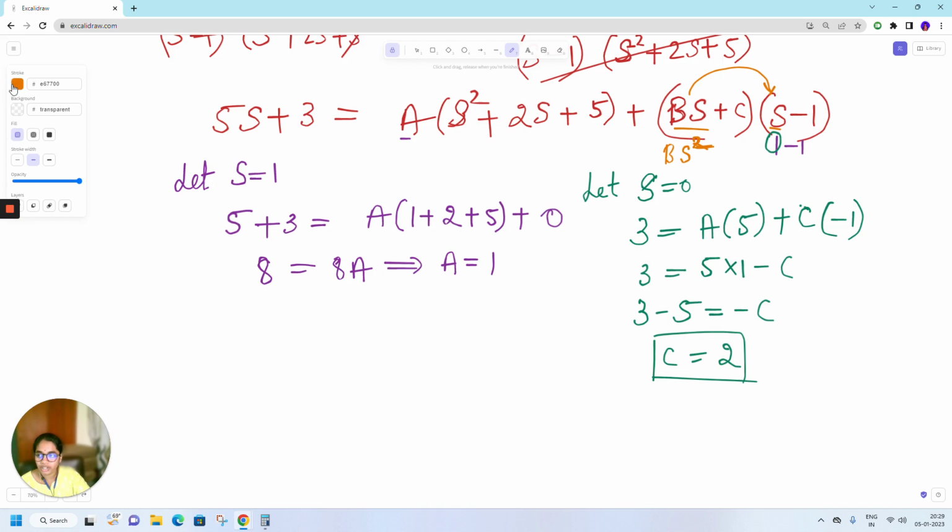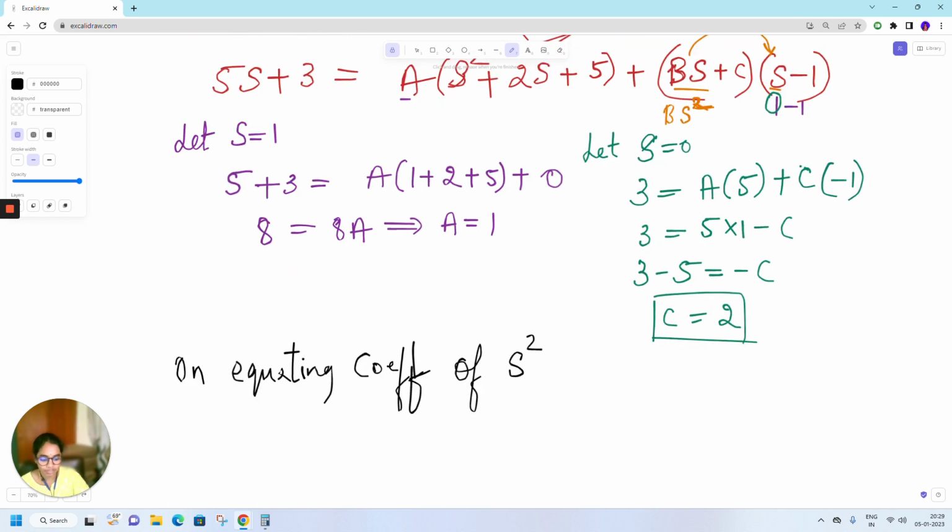Why did I do that? I'll equate the coefficients of s square. On equating coefficients of s square.